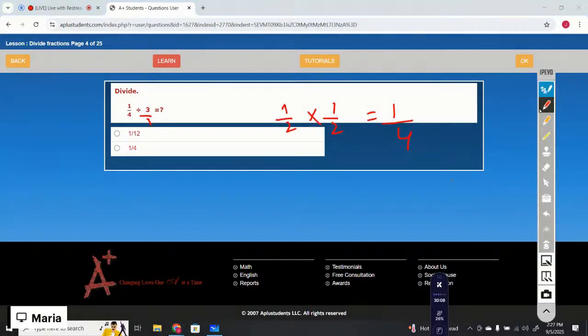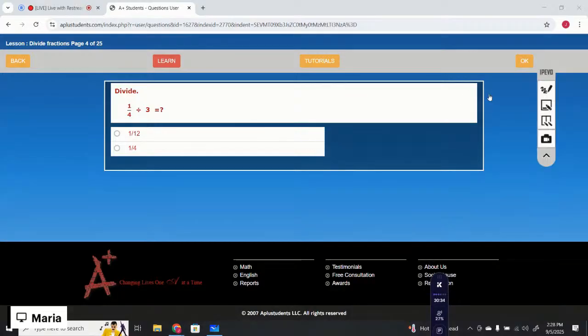Let's just replace the division sign with multiplication. That would be 1 over 3. 1 times 1 is 1 and 4 times 3 is 12. That is 1 by 12. Option number 1 is the correct option.